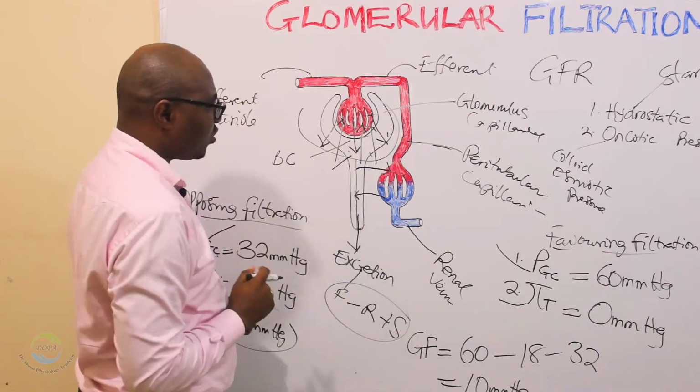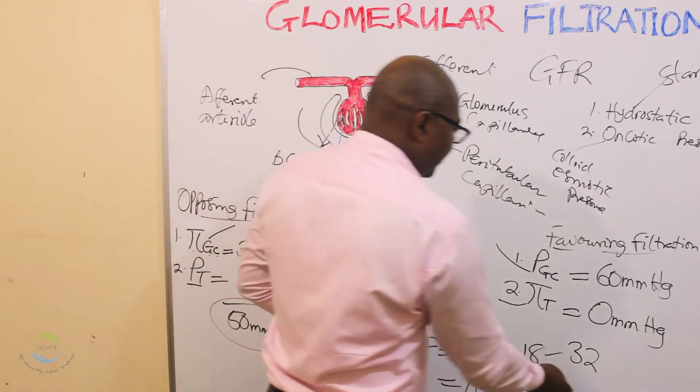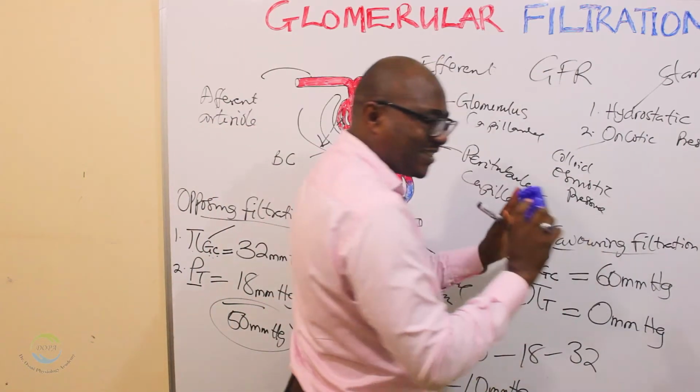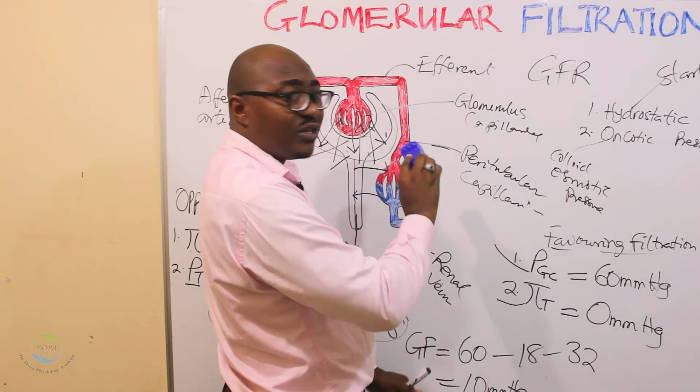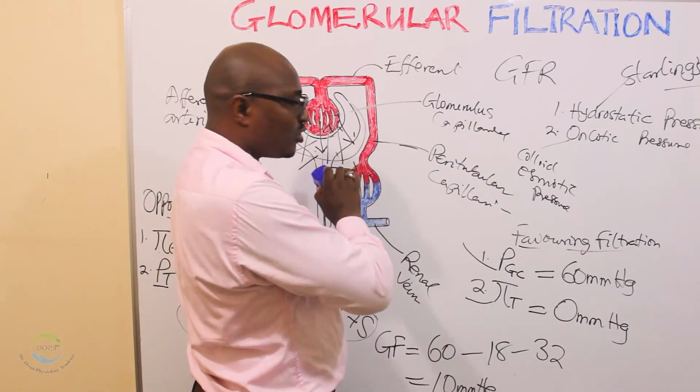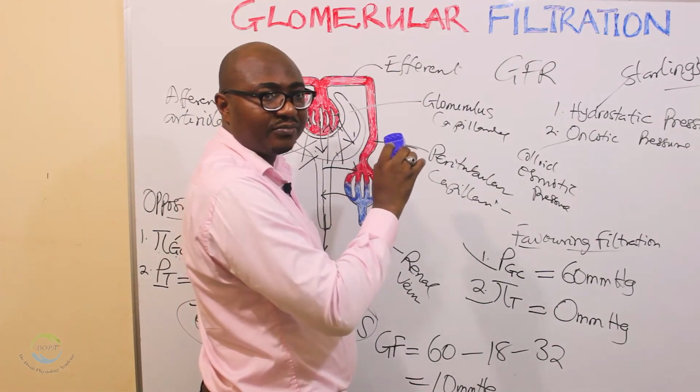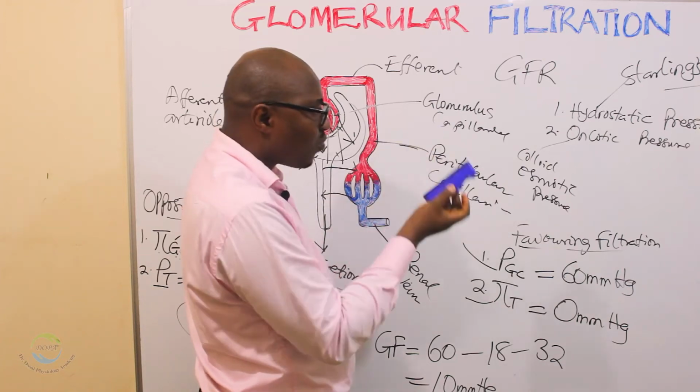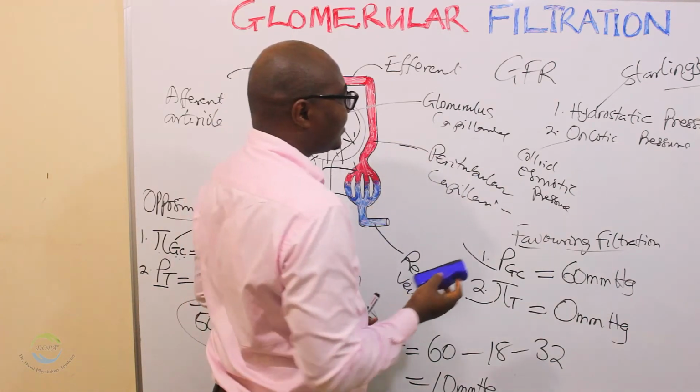So now let's look closely at the substance that should be used to measure GFR, the glomerular filtration rate. What are the properties?